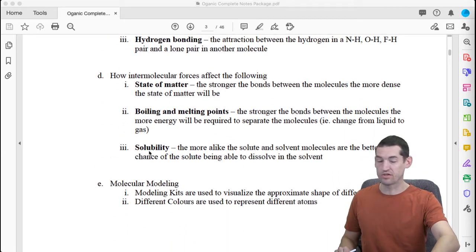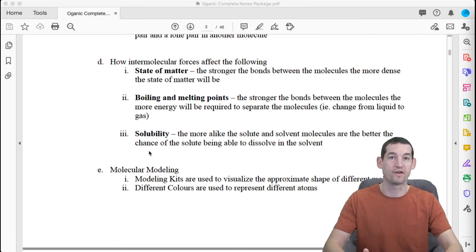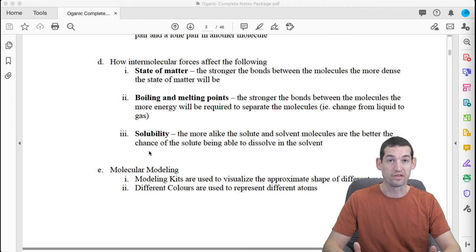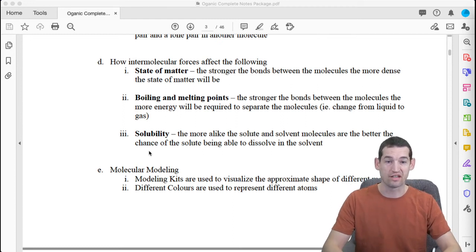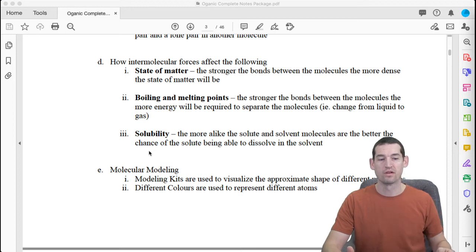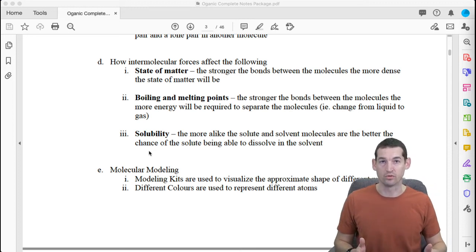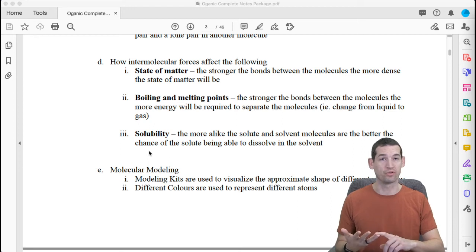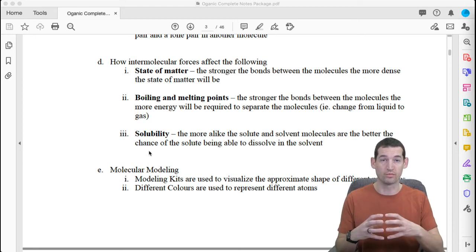And that's how these intermolecular forces affect these three things. So the first is the state of matter. The stronger the bonds between the molecules, the more dense the state of matter will be, which is why, for example, water is liquid at room temperature, because it has London dispersion, dipole-dipole, and hydrogen bonds that hold the water molecules together.